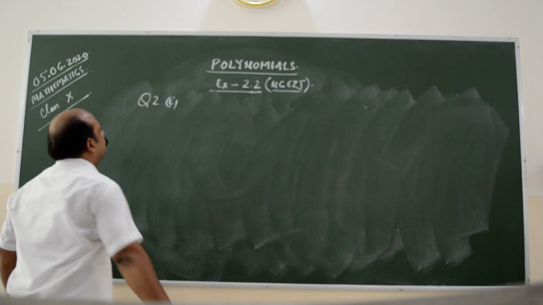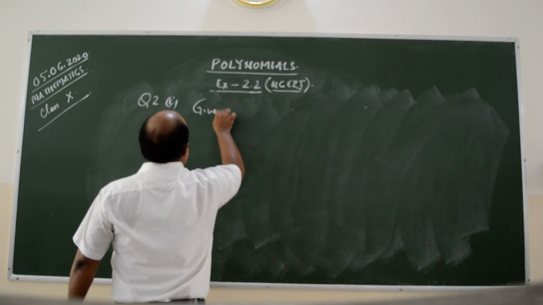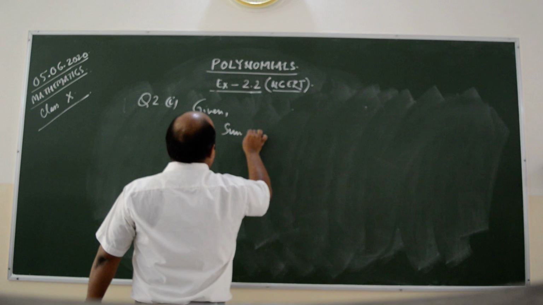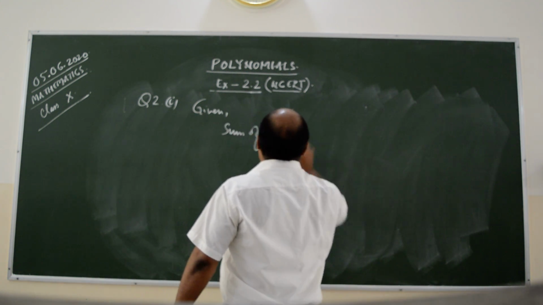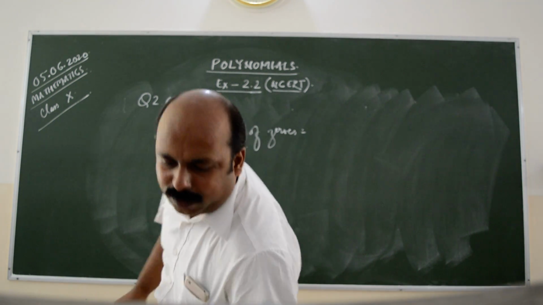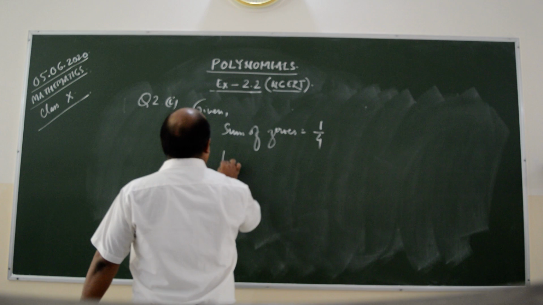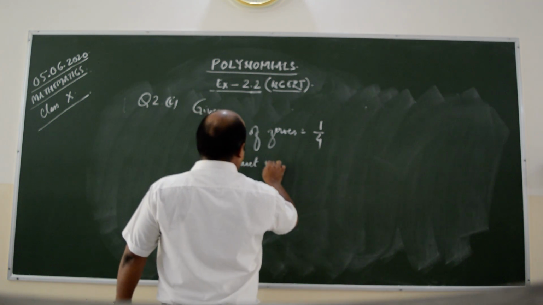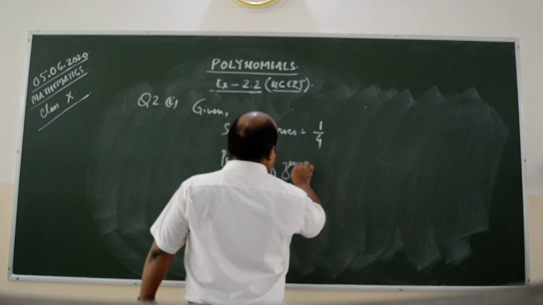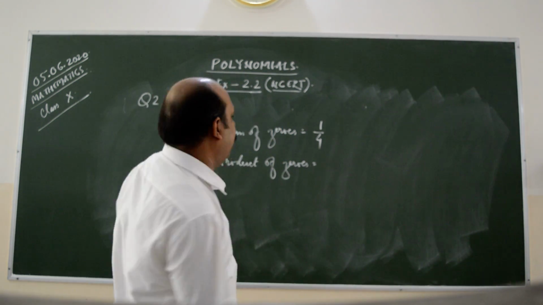Given sum of zeros is equal to 1 by 4, and product of zeros is equal to minus 1.